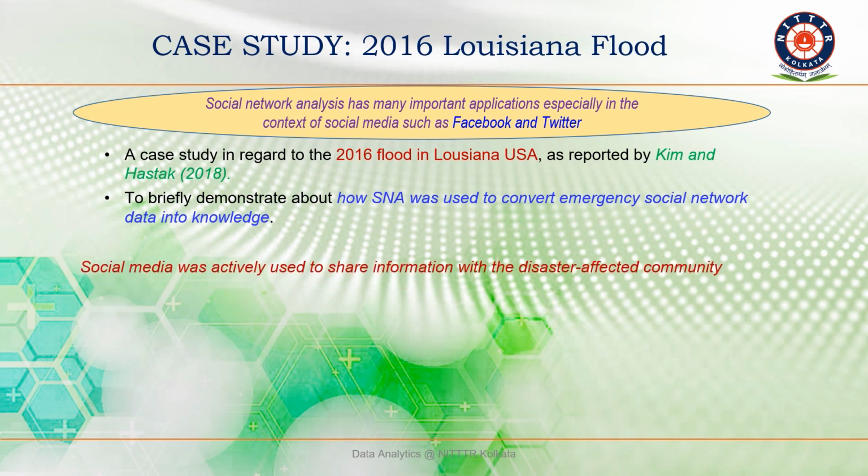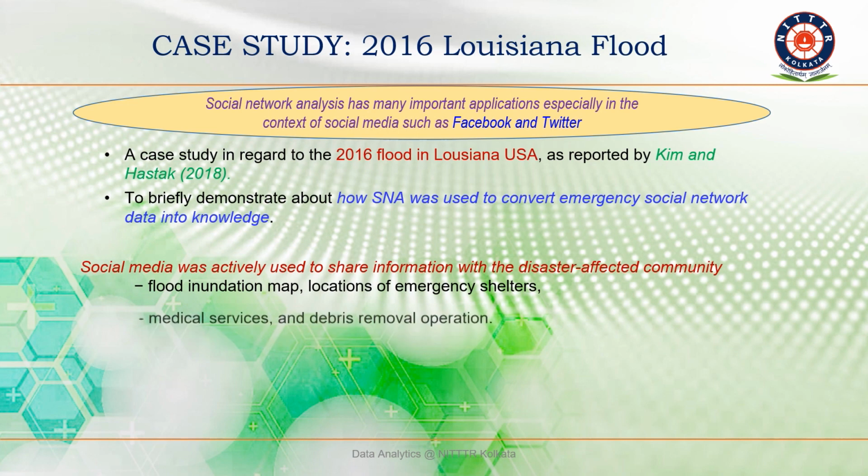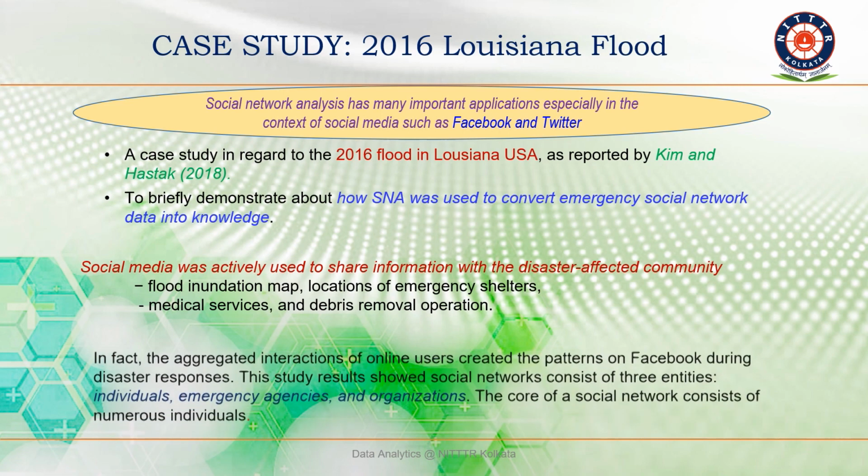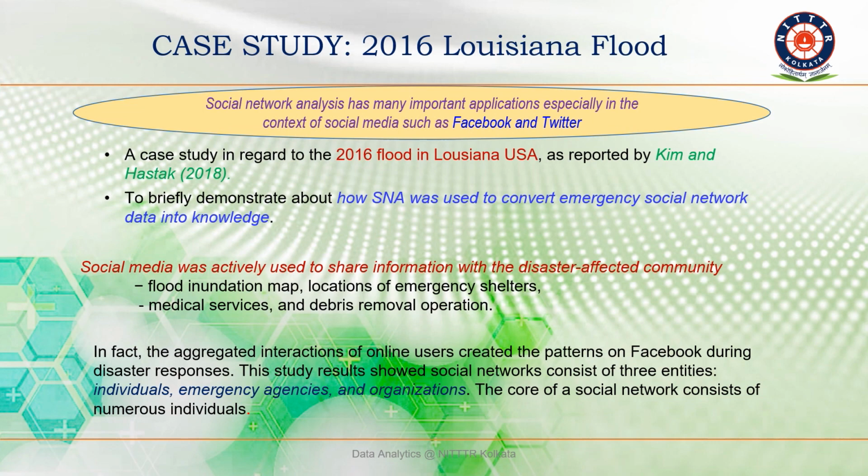Social media was actively used to share information with the disaster affected community, such as flood inundation maps, locations of emergency shelters, medical services and debris removal operations. In fact, the aggregated interactions of online users created patterns on Facebook during disaster responses.